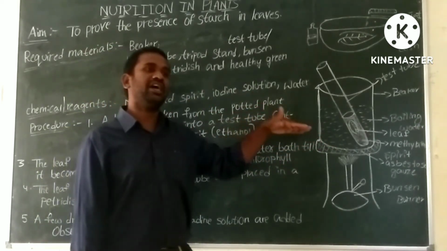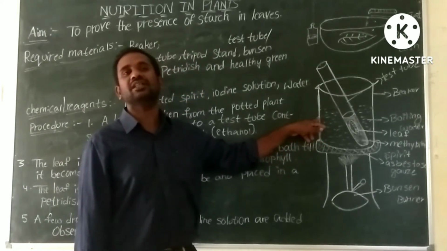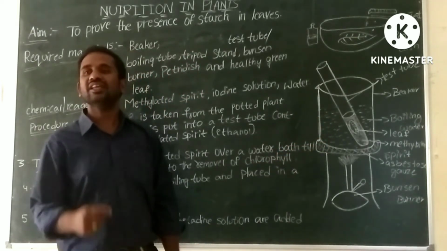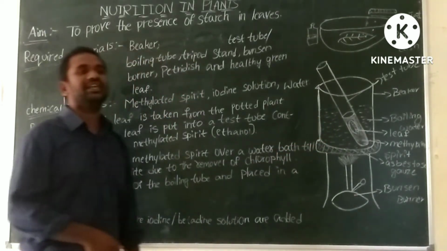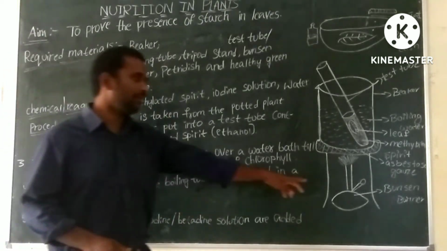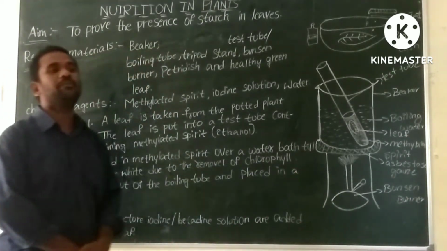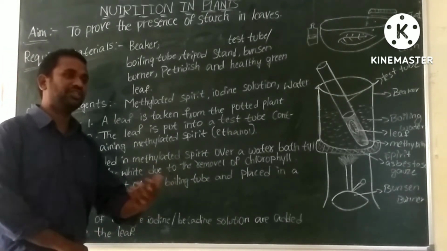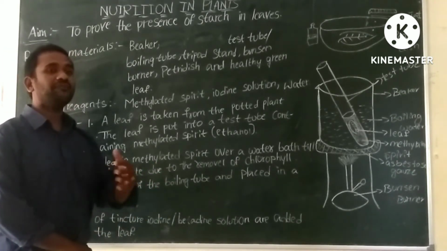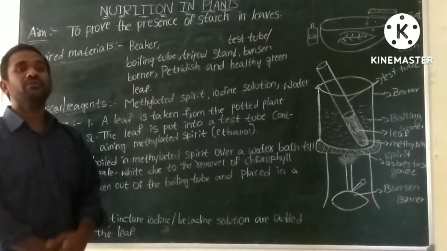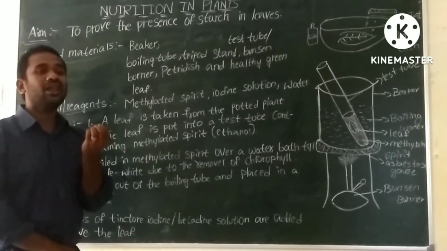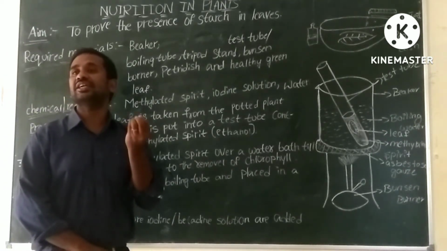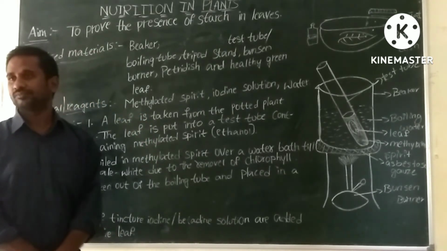On that asbestos plate we keep this beaker, then we put the test tube in it. Then with the help of a Bunsen burner, we boil the entire arrangement. After boiling the beaker, we will get a pale color leaf in the methylated spirit of the test tube.